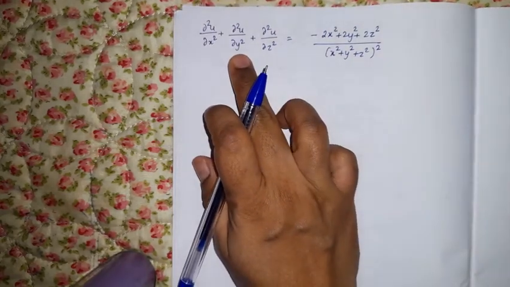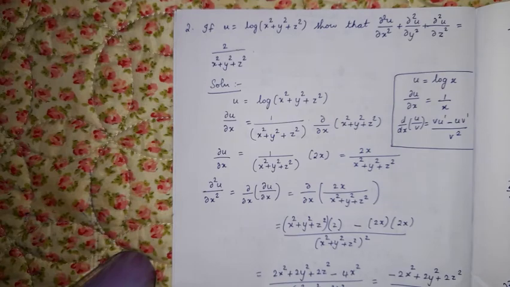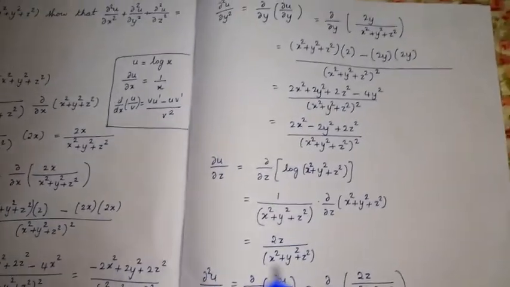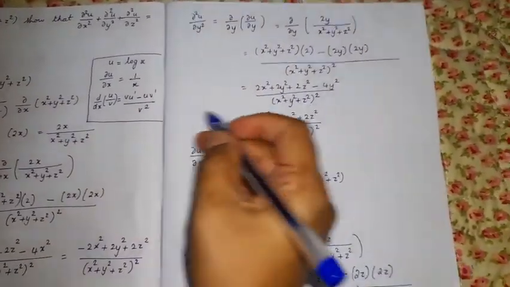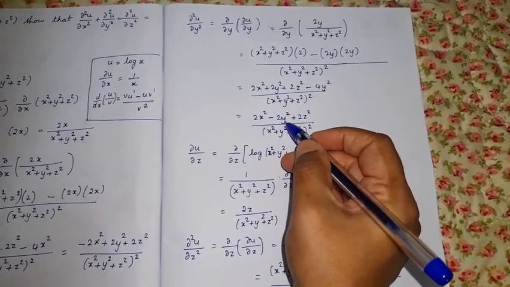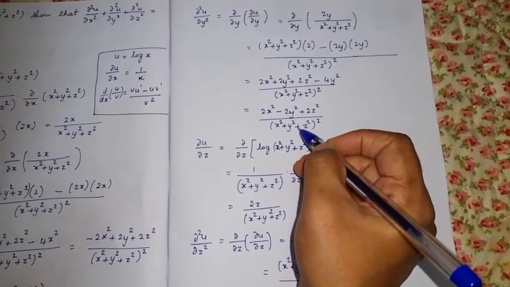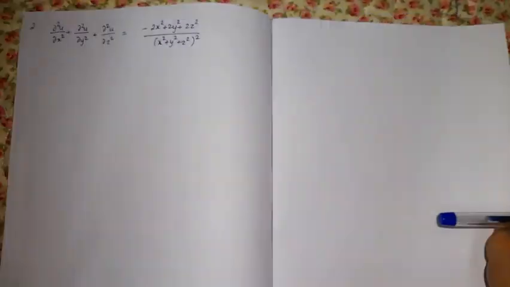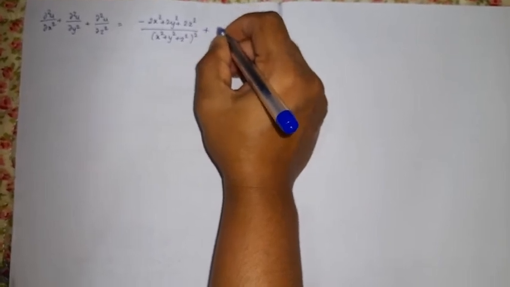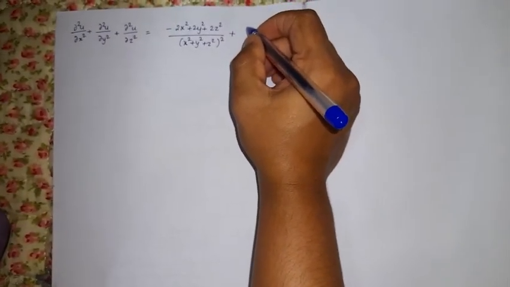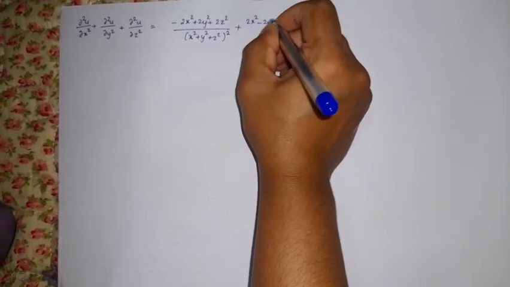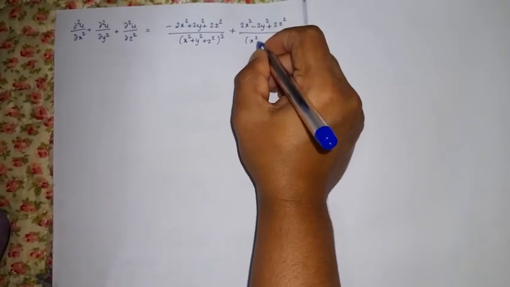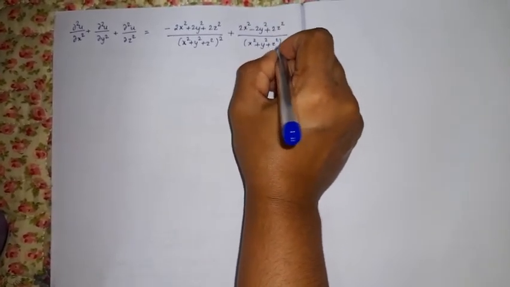dou square u by dou y square, that we found, is 2x square minus 2y square plus 2z square divided by x square plus y square plus z square the whole square. So you have plus 2x square minus 2y square plus 2z square divided by x square plus y square plus z square the whole square.